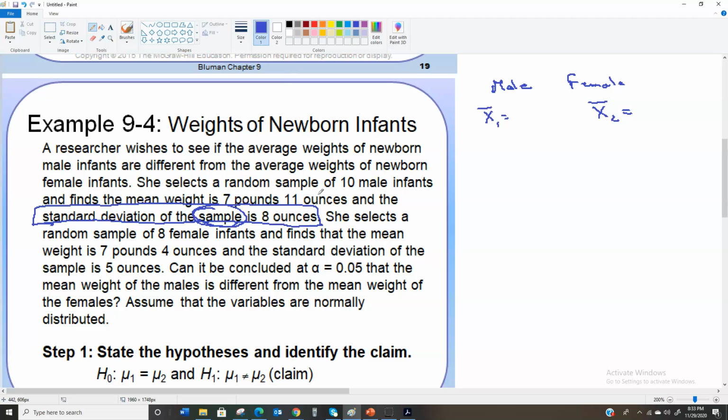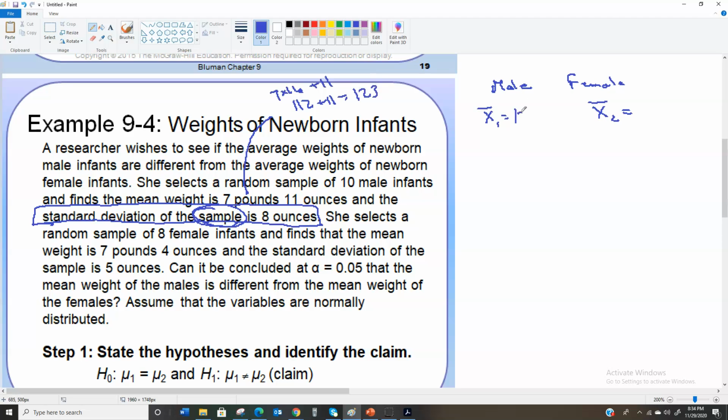So instead of 7 pounds, 11 ounces, remember there's 16 ounces in a pound. So this would be 7 times 16 and then plus the extra 11 ounces. The 7 times 16 is 112 plus 11, so you get a total of 123 ounces.